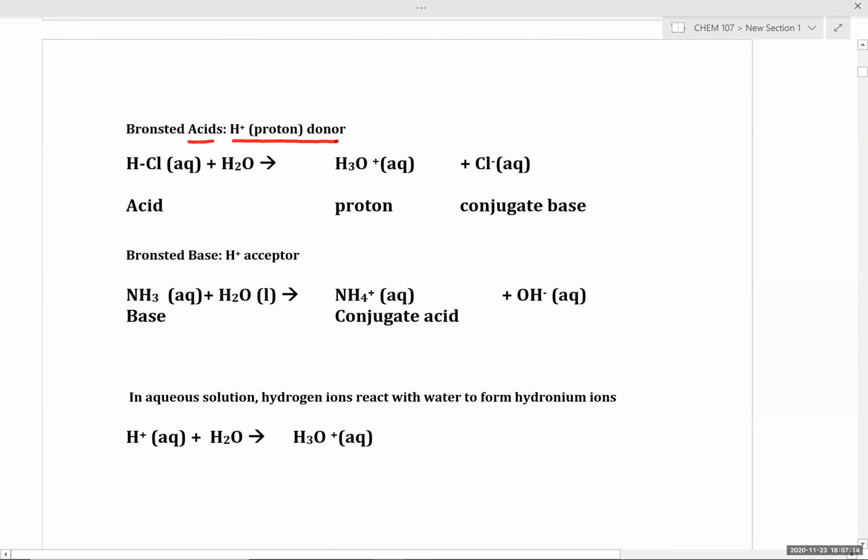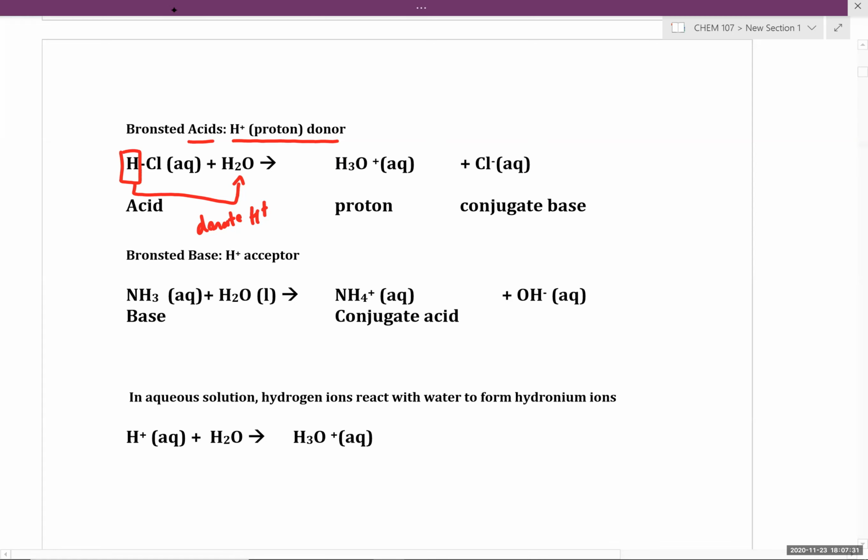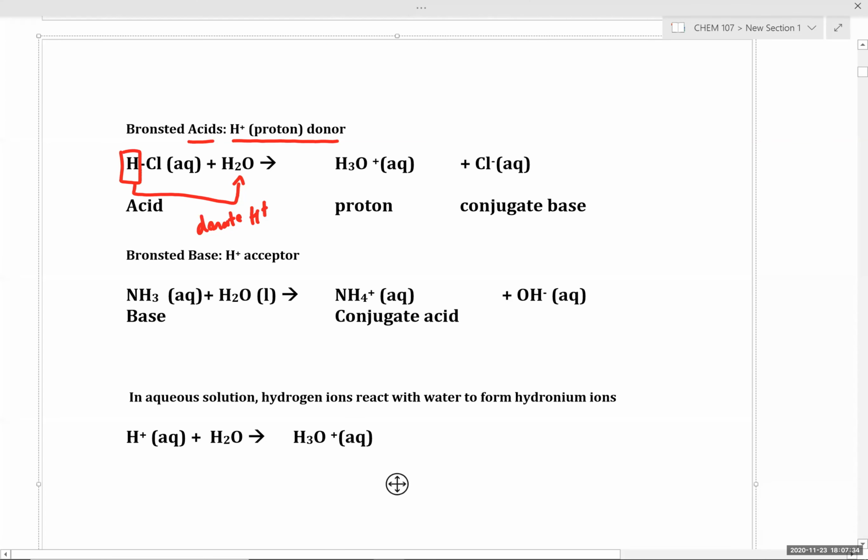So for example, if we mix hydrochloric acid with water, hydrochloric acid will donate H plus to water to make H3O plus and Cl minus, which is the conjugate base. Does that make sense to everyone? Does everyone see how hydrochloric acid is donating, giving, losing a proton? And so it would be called a Bronsted acid.